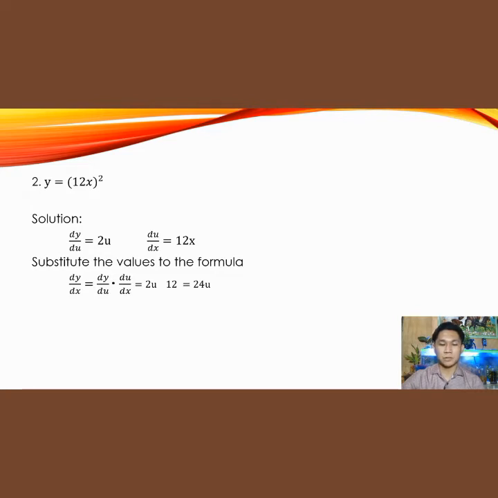After you substitute, 2u times 12 equals 24u. Write in terms of the original variable x. dy over dx is equal to 24 times 12x. Then simplify, and the answer is 288x.